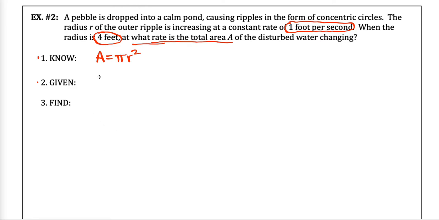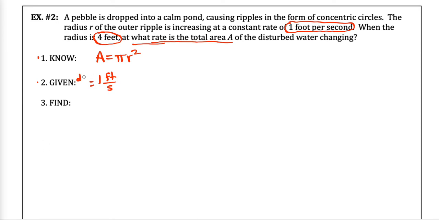So 1 foot per second. What does that stand for? So this is kind of what we were working on yesterday at the beginning of the hour. What is the 1 foot measuring is kind of what you're supposed to look for. The radius.